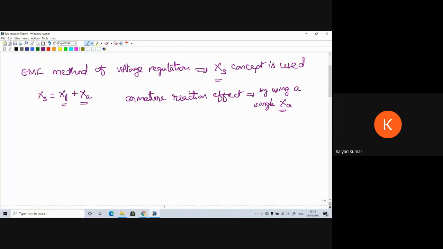But this concept of using a single reactance to represent the armature reaction is applicable to cylindrical rotor machines only.